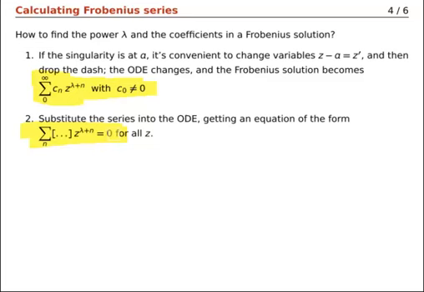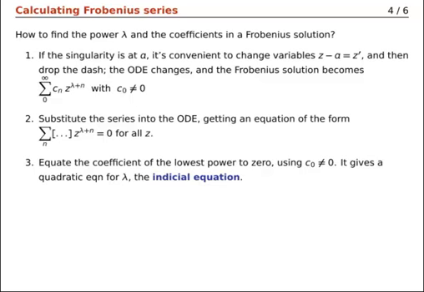And the reason you get still a combination of powers of the type z to the lambda plus n for all n is that when you differentiate z to the lambda plus n, it becomes z to the lambda plus n minus 1 after one differentiation, and the second derivative is proportional to z to the lambda plus n minus 2. So you still get powers of exactly the same form.